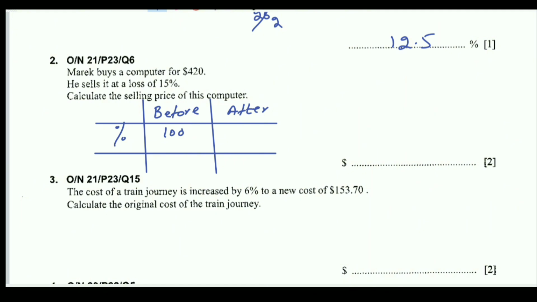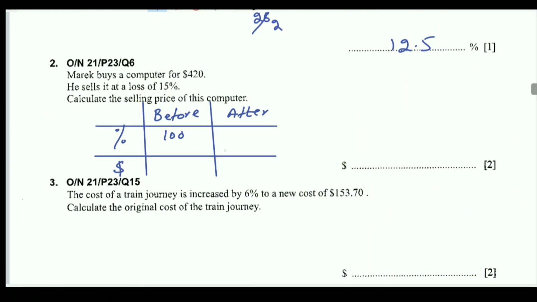Malik buys a computer for $420. He sells it at a loss of 15 percent.